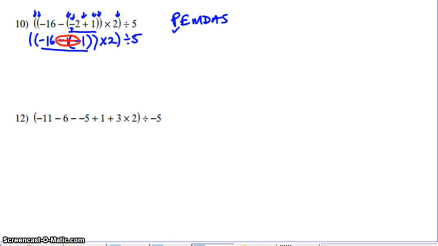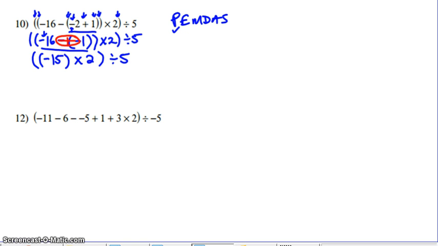Two different signs, we find a difference, so 16 minus 1, and we take the sign of the bigger number. So 16 minus 1 is 15, and 16 is the bigger number, so we're going to take that sign, so it's negative 15. Bring everything else down.